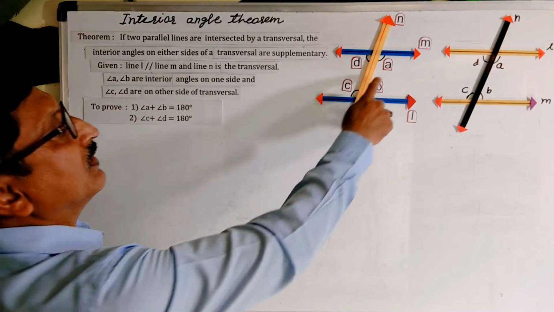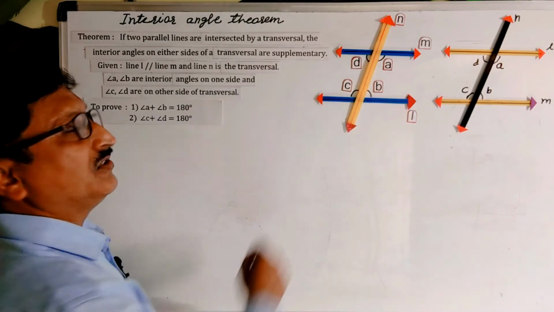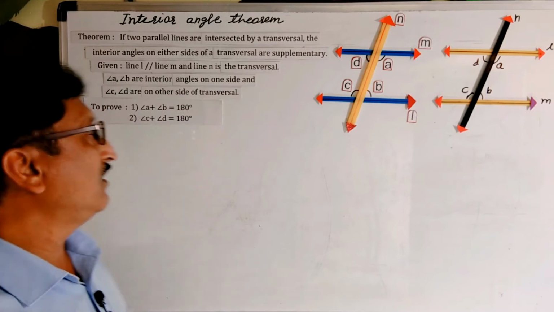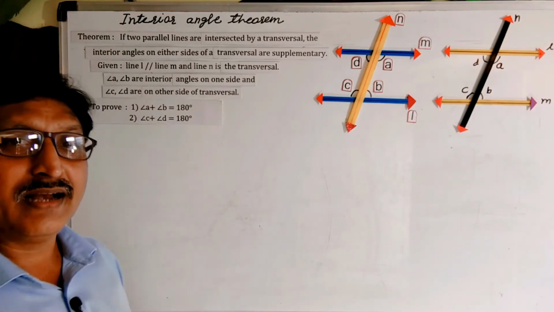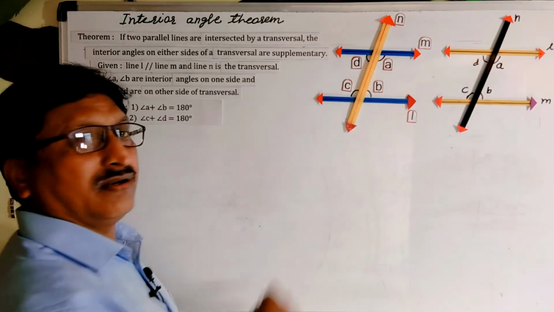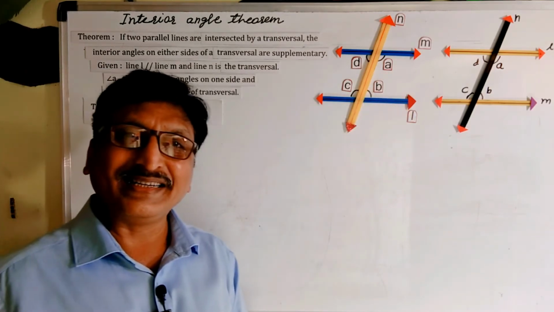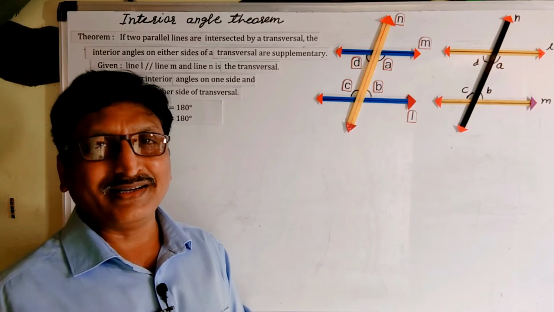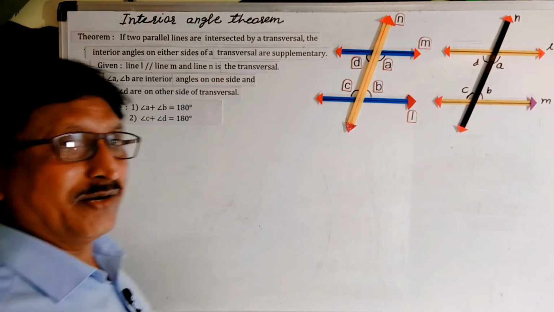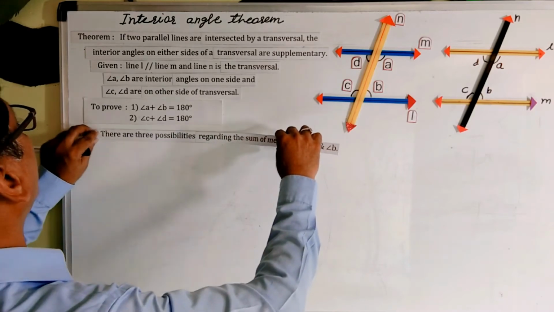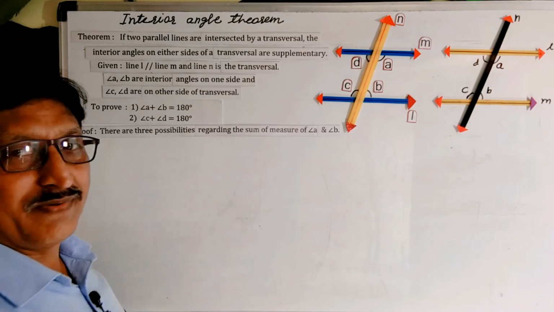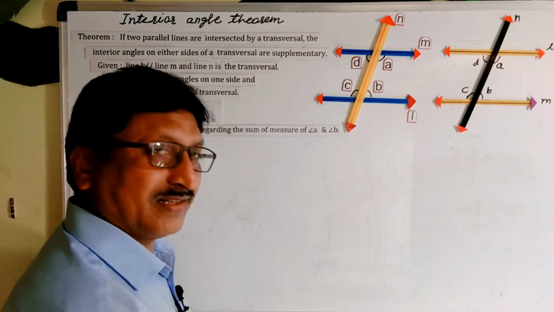See now, regarding the relation between A and B, the sum of angles A and B is 180 degrees. Therefore, there are three possibilities. That means the sum is less than 180 degrees, or greater than 180 degrees, or equal to 180 degrees, and therefore while writing the proof, we take three possibilities regarding the sum of measures of angles A and B. What are the three possibilities?